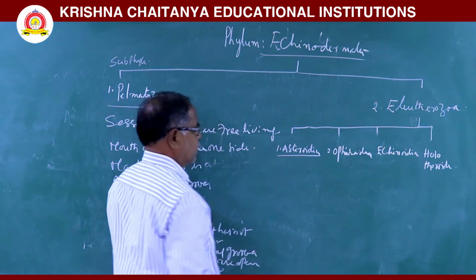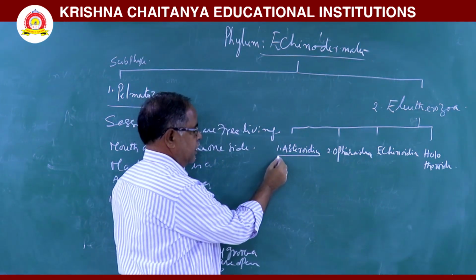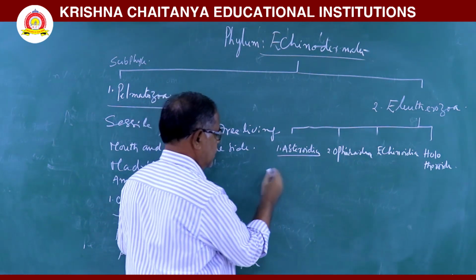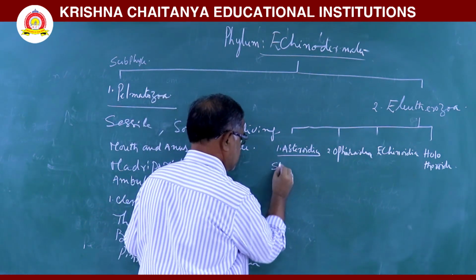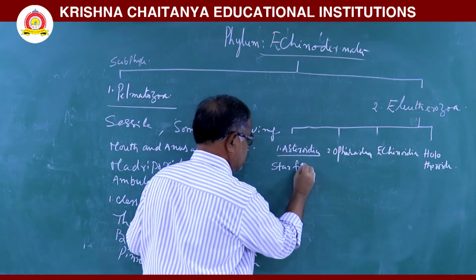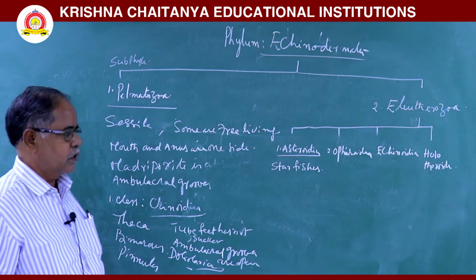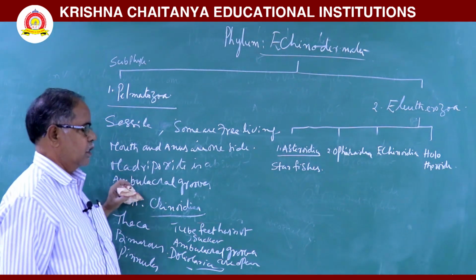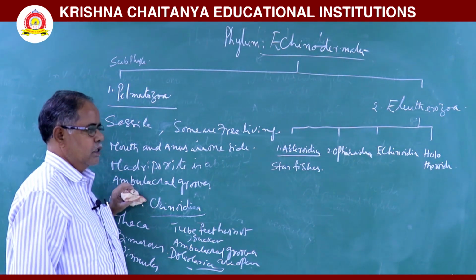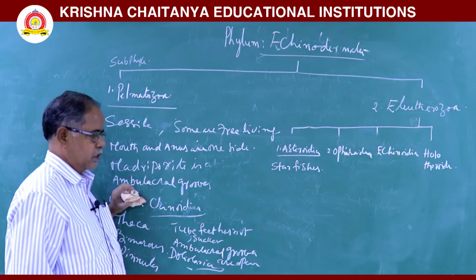The animals included under class Asteroidea are generally called starfishes.